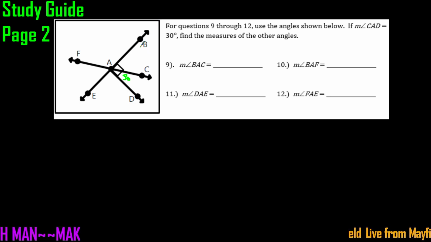Right away I can say angle BAC and angle CAD added together has to be 90, and I know that since it has that box right there. So angle BAC plus angle CAD would be 90 degrees, which means angle BAC is going to be 60 degrees. Make sure you should always be able to pull this apart. You're given one fact, and you should be able to find the other ideas from that.